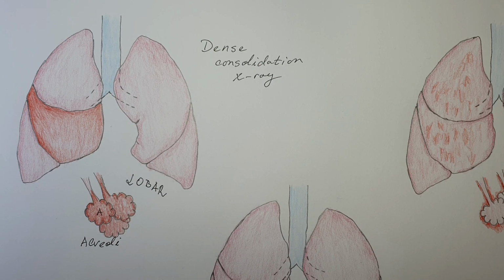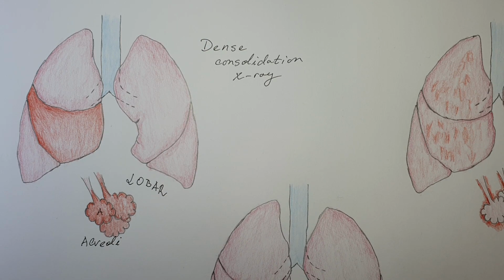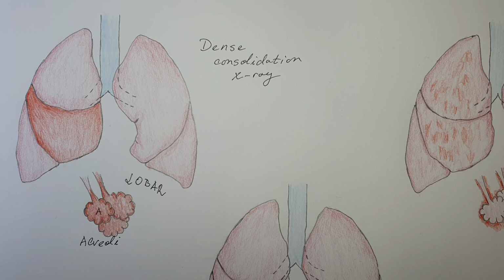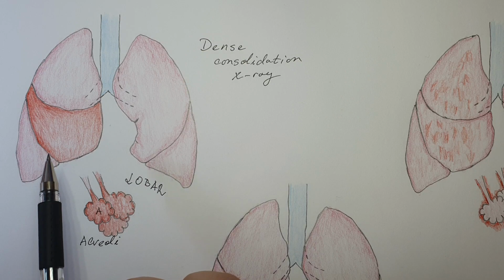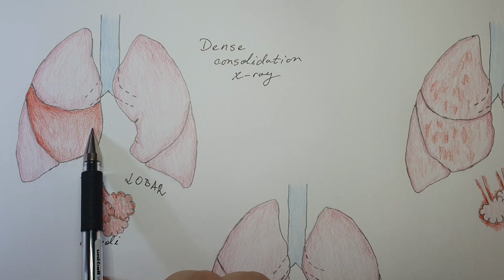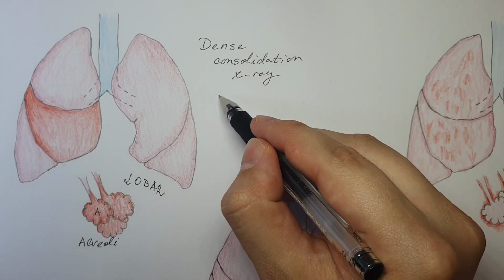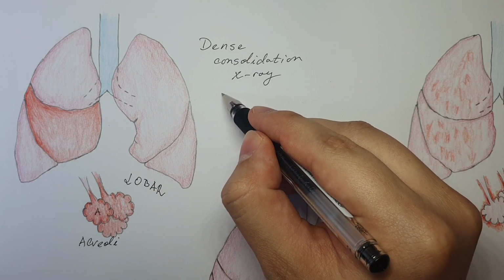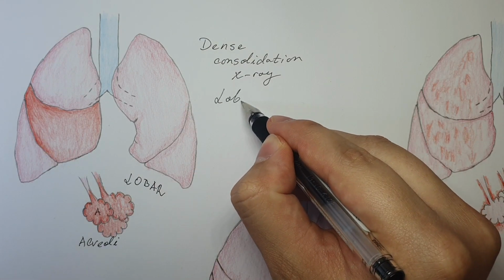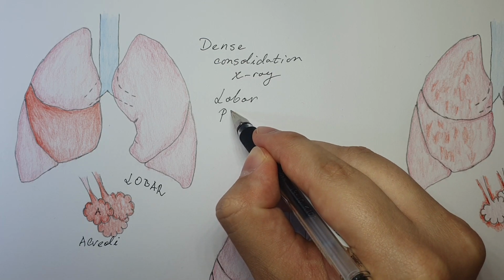You, as a doctor who is treating the patient, will decide if it is more leaning to pneumonia or something else. So if the patient has a history, a clinical presentation, and if other lab tests tell you that this is most likely a pneumonia, and if you do an X-ray and see a whole lobe covered in a dense consolidation, you will probably say, okay, in my differential diagnosis, I think this is most likely lobar pneumonia.